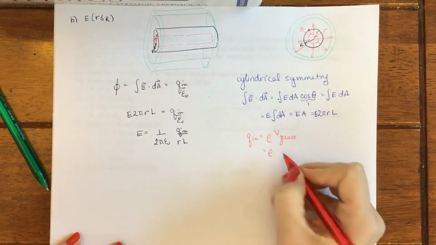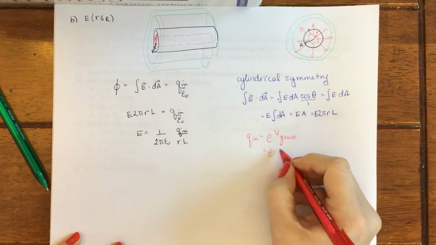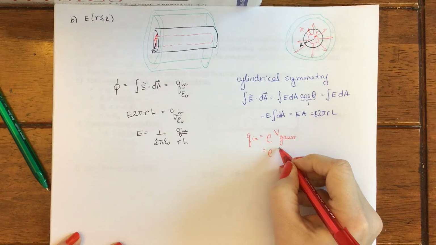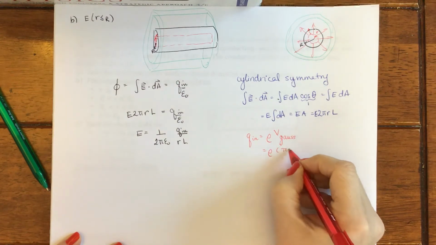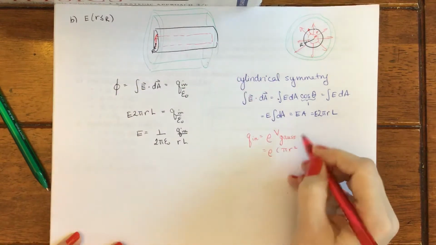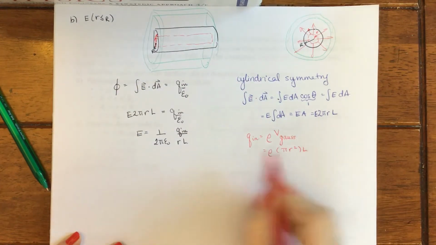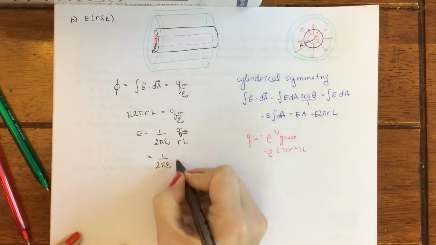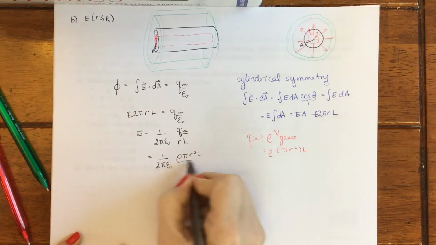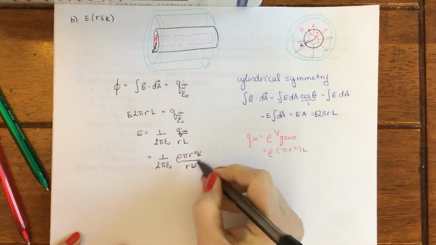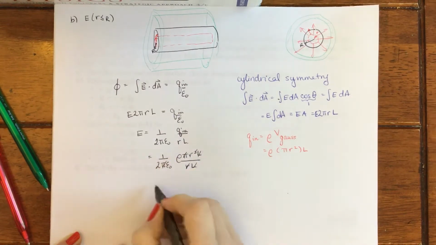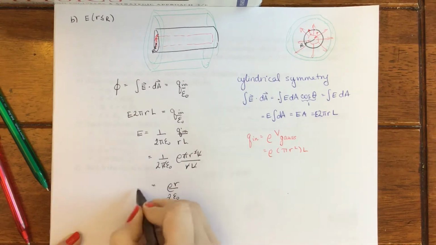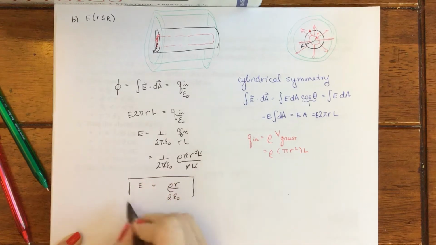The volume of that cylinder is going to be its area times its length, pi r squared, little r because that's the radius of the Gaussian cylinder, times the length L. So we'll put that in for our Q inside and we'll get our electric field. We see that our L's cancel, one of those r's cancels, and the pi cancels. So there's our electric field inside the insulator.